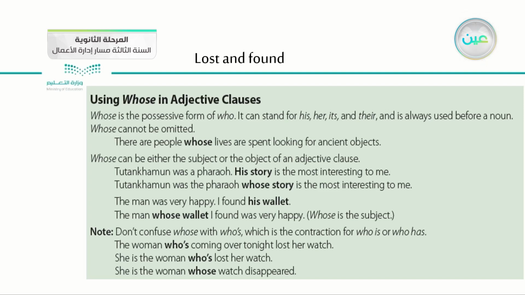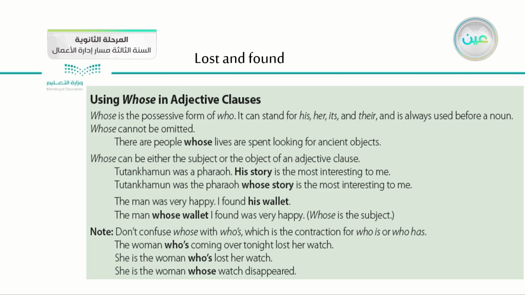There are people whose lives are spent looking for ancient objects. As you see here, we use this tool as a subject of this sentence. Whose can be either the subject or the object of an adjective clause. So we can use whose as a subject or as an object of the adjective clause. Tutankhamun was a pharaoh.